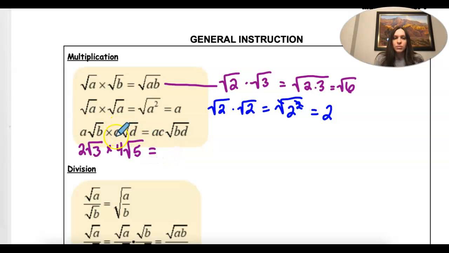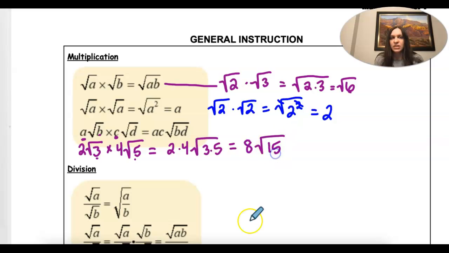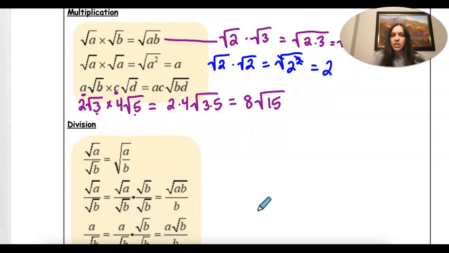So I would multiply these leading numbers, so 2 times 4 in the front. And then I would multiply the radicands, the B and the D, the numbers underneath. So 3 times 5. And when I simplify that, I would have 2 times 4, which is 8, and then the radicand becomes 15. So those are multiplication properties.